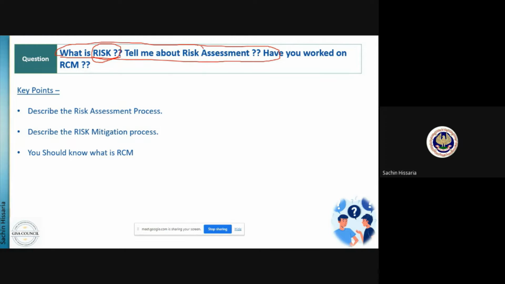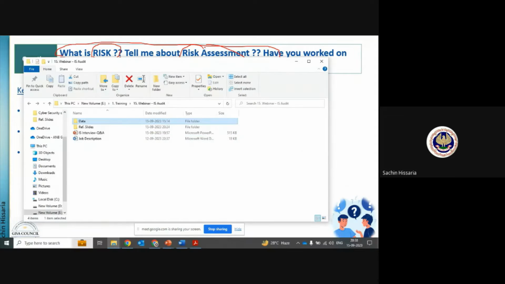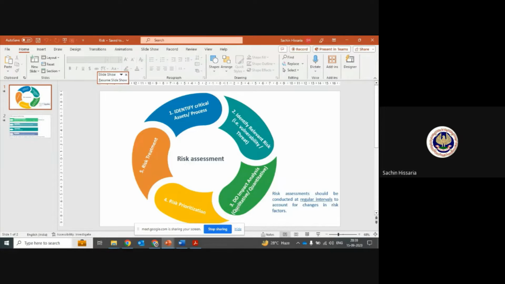Now we'll talk about the risk assessment process in the organization, how the organization does a risk assessment. For that also, let me help you with the slides. What is the process of risk assessment? It starts with step 1, which is to identify the critical assets or processes in the organization.